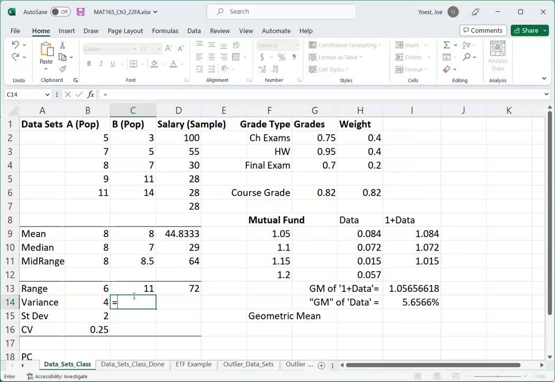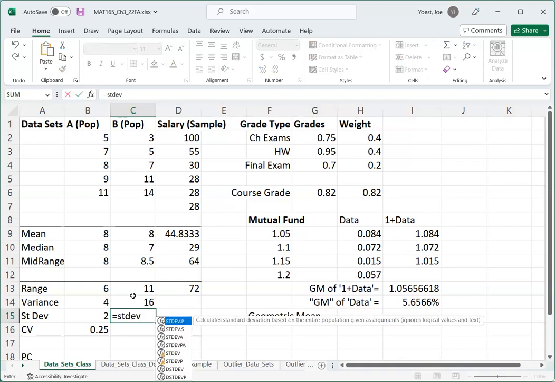For Brandon, again, VAR.P, because the Brandon data is a population. And I can use the fact that I've named my data Brandon. I could take the square root to get the standard deviation, or if I wanted to, I could use the STDEV built-in Excel function.